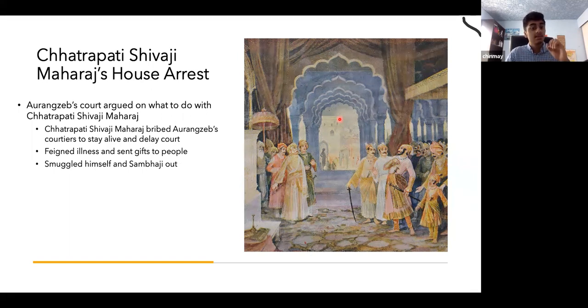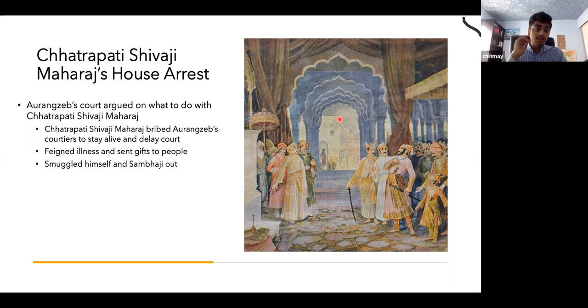And then, as security works today in the airports, Aurangzeb's soldiers would be checking whenever Shivaji would send any gifts out. They would be checking to make sure there were only gifts there, nothing else, no letters, nothing vulnerable that could hurt the Mughal Empire.